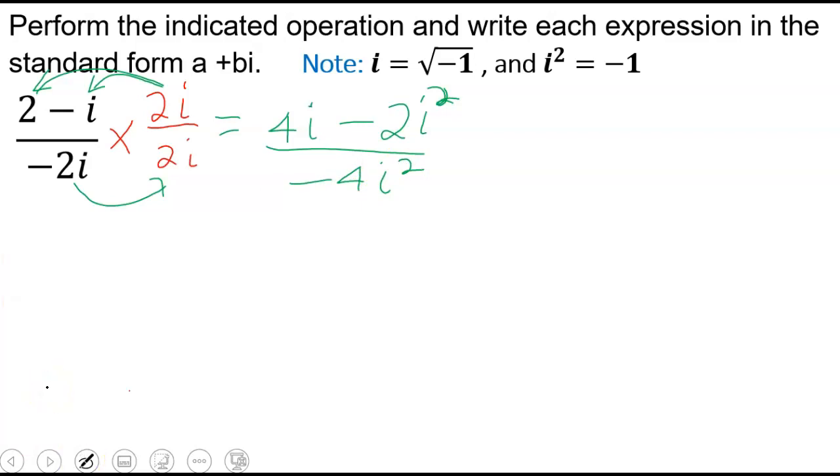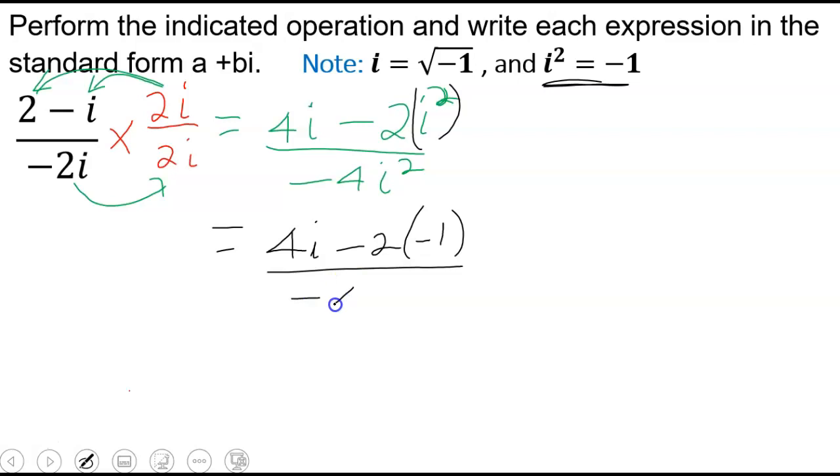Negative 2i squared: i squared is negative 1, like we reminded here. And then over negative 4 times again i squared is negative 1. Therefore, this comes to 4i, then negative 2 times negative 1 would be plus 2, over, then negative 4 times negative 1 is positive 4.